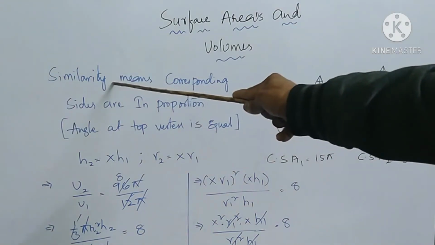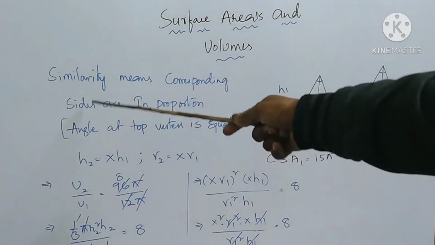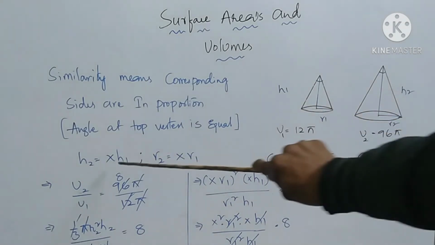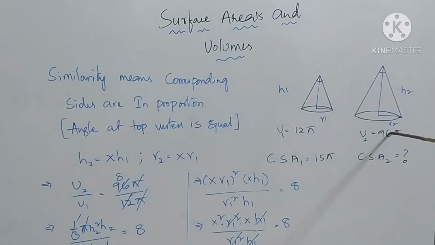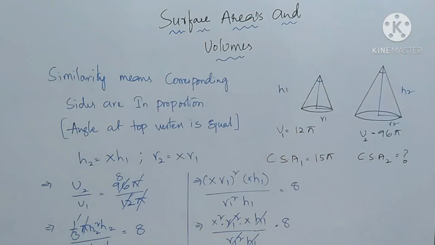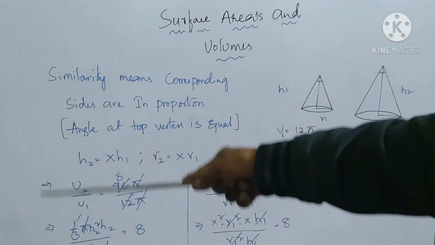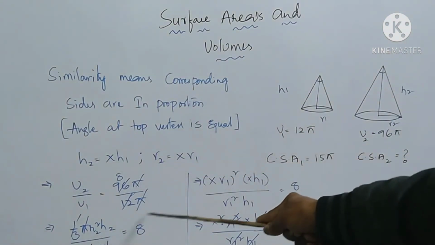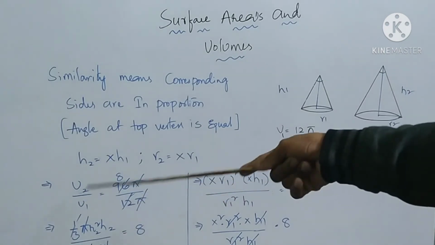Similarity means sides are in proportion, and the top angle at the vertex of the cone is also equal. So H2 is equal to X into H1 and R2 is equal to X into R1. The ratio of the volumes, V2 by V1, is 96 pi by 12 pi. Pi cancels, and 12 eights are 96.